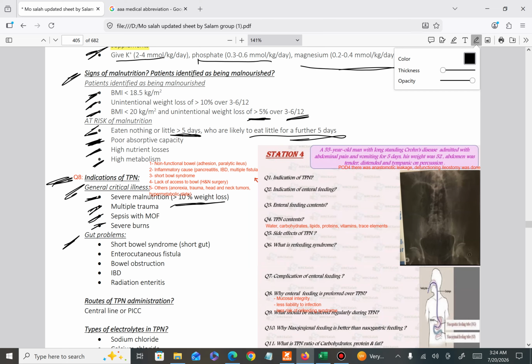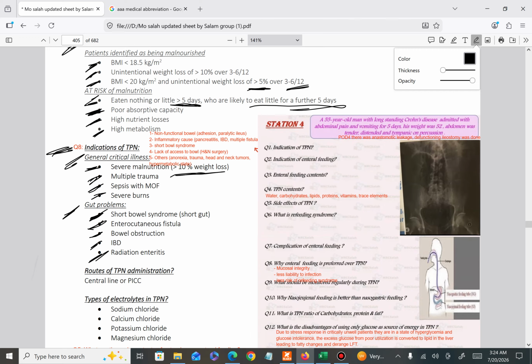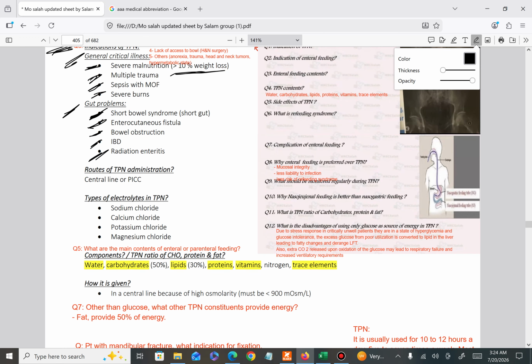The gut problems include short bowel syndrome, enterocutaneous fistula, bowel obstruction, IBD, inflammatory bowel disease, and radiation enteritis. Then route of TPN, total parenteral nutrition administration, is central line or PICC. Then types of electrolytes in TPN include sodium chloride, calcium chloride, potassium chloride, and magnesium chloride.